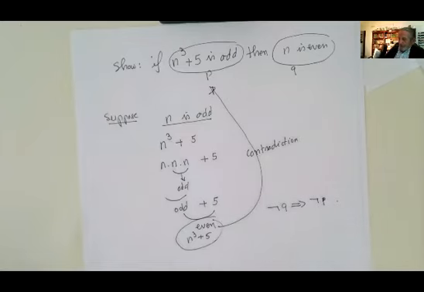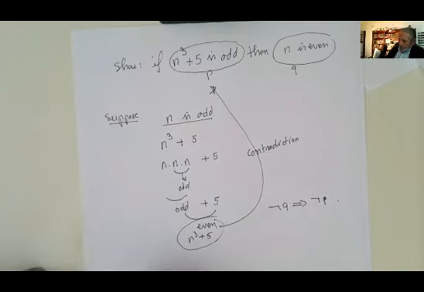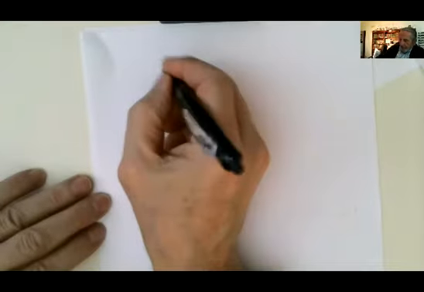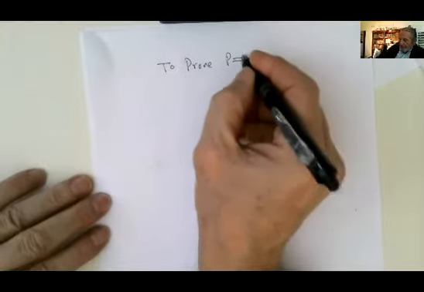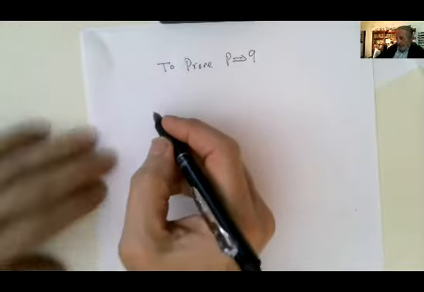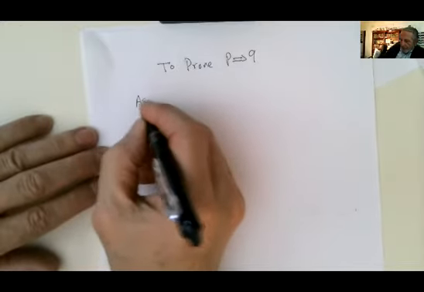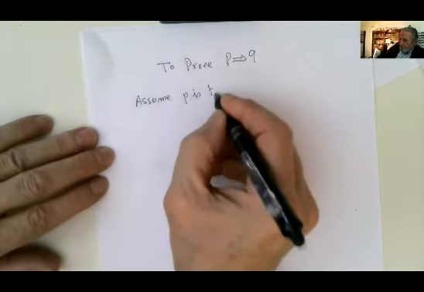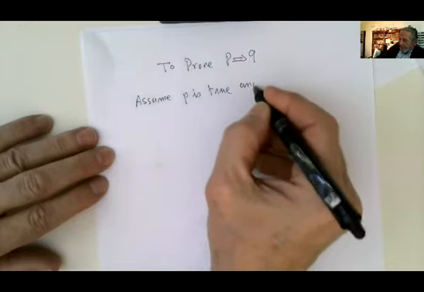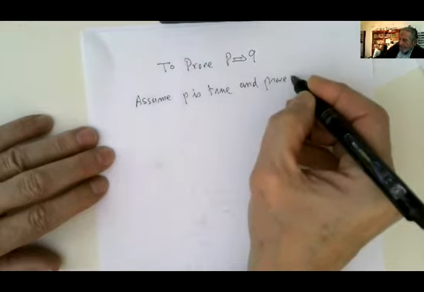So to summarize, to prove P implies Q, either you say assume P is true and prove Q is true.